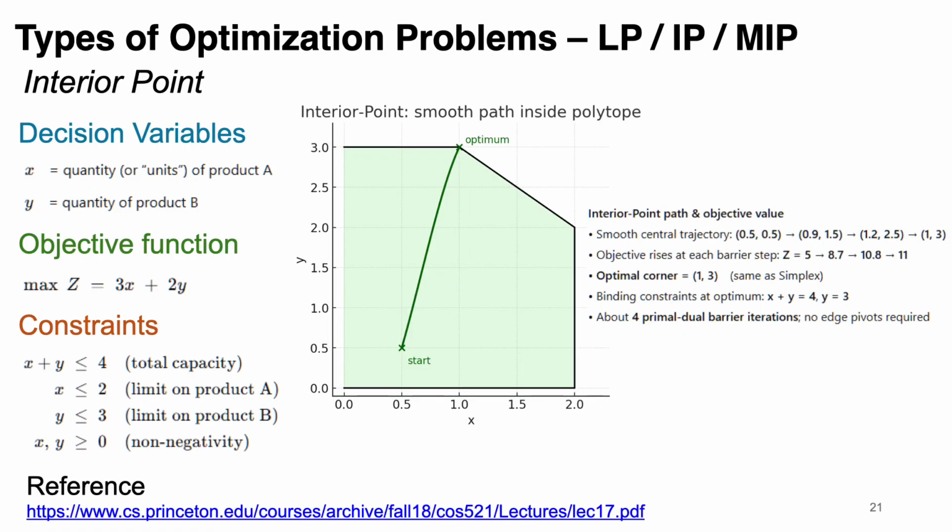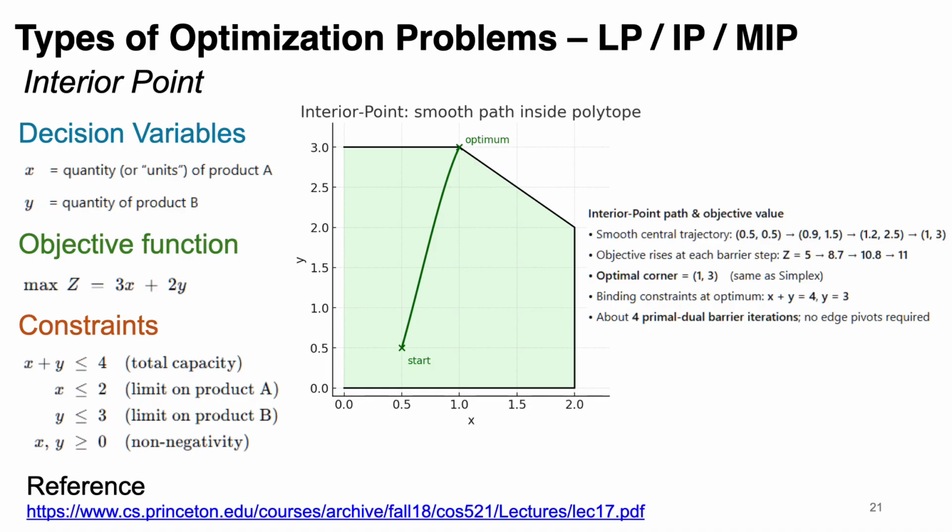While the simplex method travels along the outside edges of our feasible region, there is a second major way to solve LP problems, the interior point method, sometimes called the barrier method. Instead of jumping from corner to corner, the interior point method takes a shortcut through the middle of the shape. It uses a mathematical barrier function to stay away from the walls of the constraints, following a smooth curve toward the optimal area.